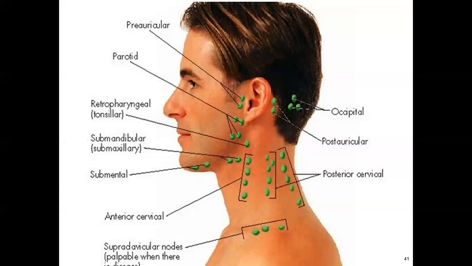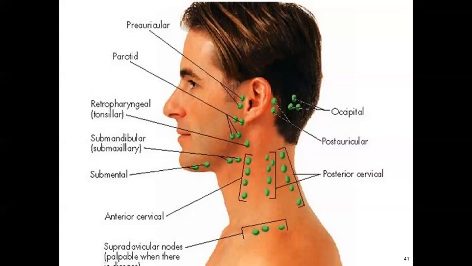And this one is called anterior cervical. These two are called posterior cervical. And this third one is called supraclavicular lymph node.